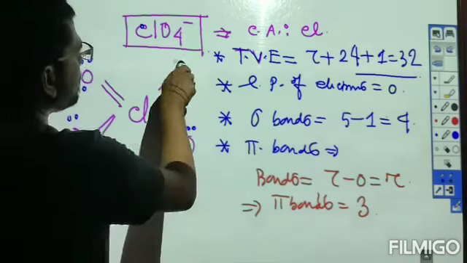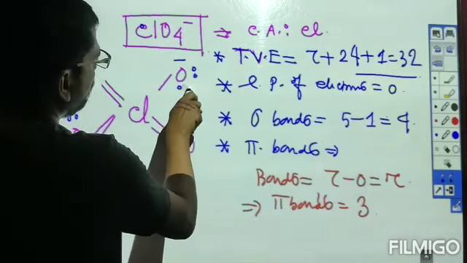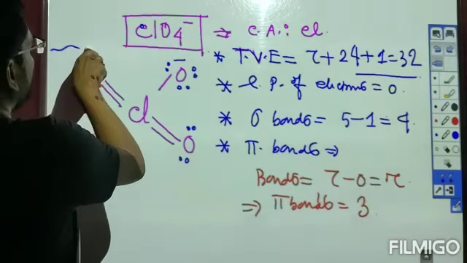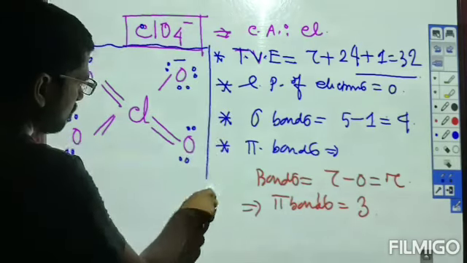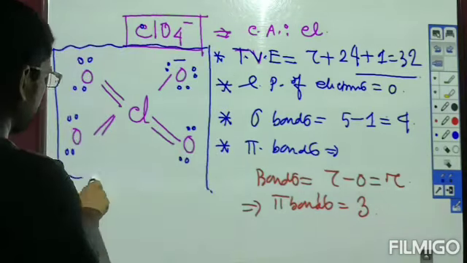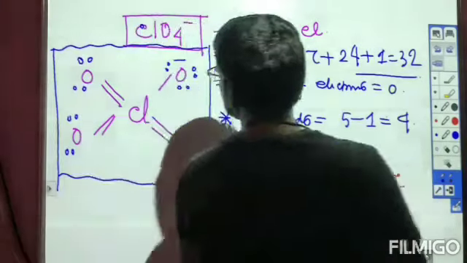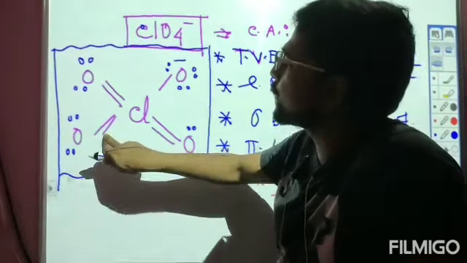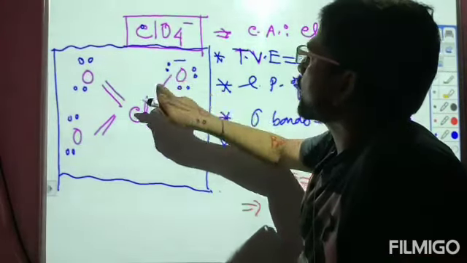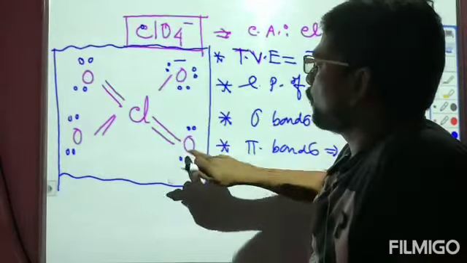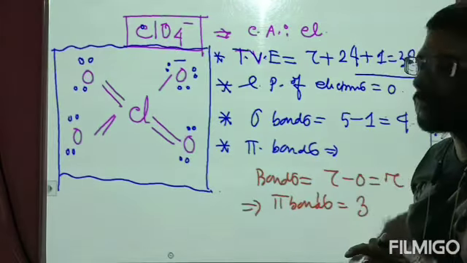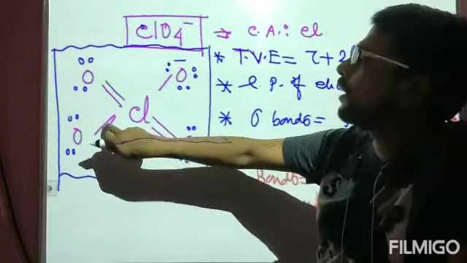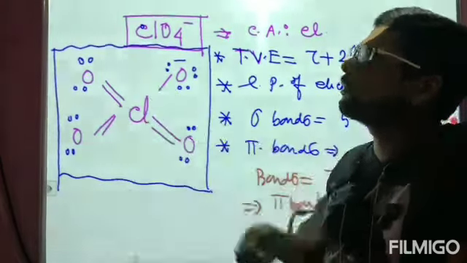And this will carry formal charge. So 2, 4, 6. This is the Lewis structure of ClO4 minus. See, octet fulfilled. 2, 4, 6, 8. Here 2, 4, 6, 8, 10, 12, 14.